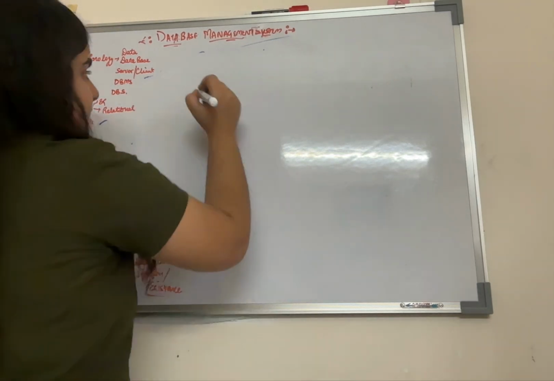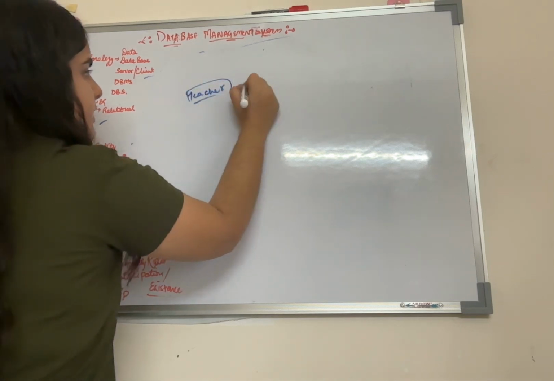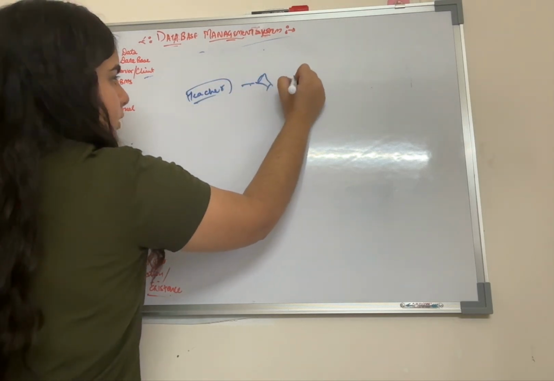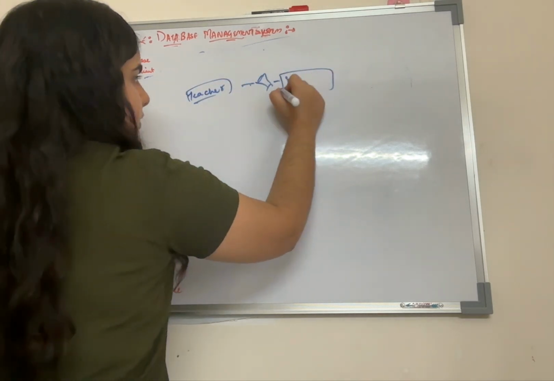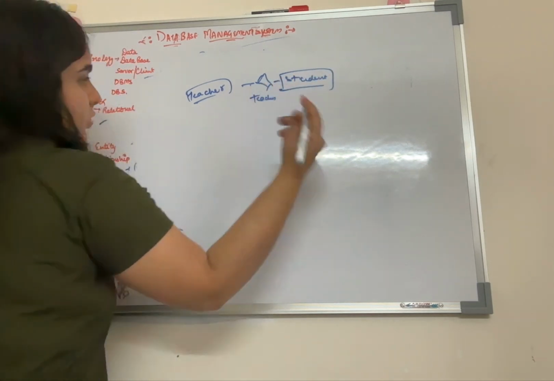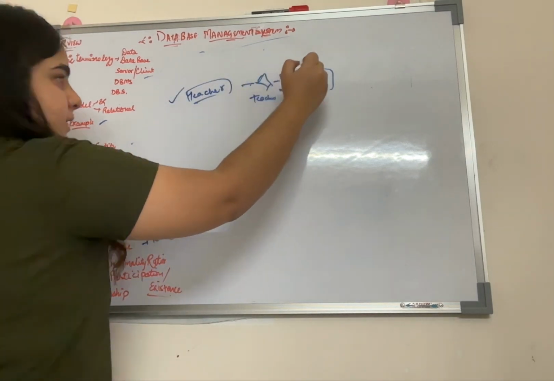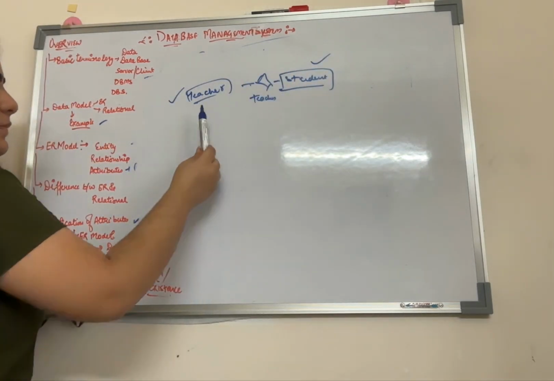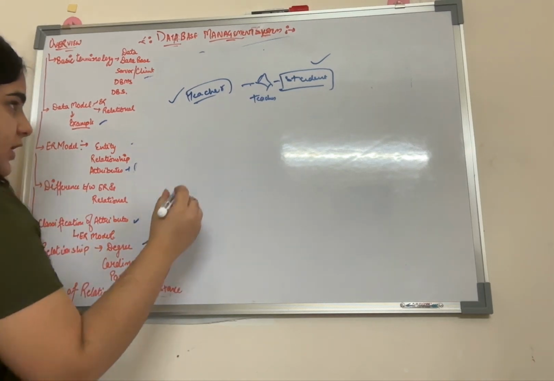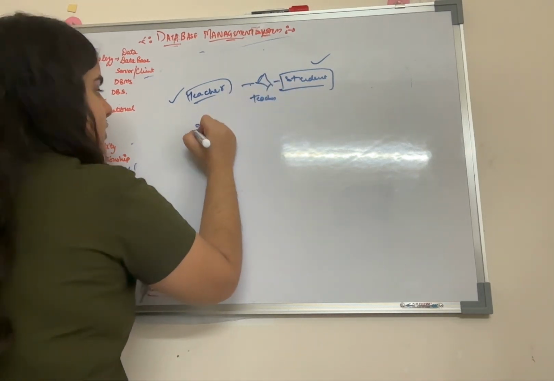In our previous example, teacher teaches student, right? Here only two entities are participating. So this basically means that the degree of relationship for this particular database is 2.